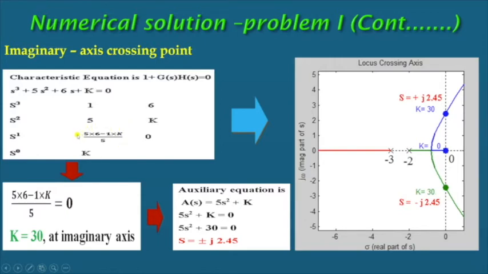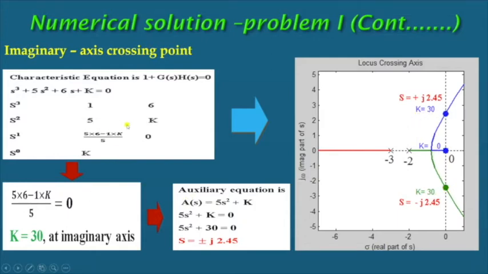We know that when all values of any row are 0, then poles are present at the imaginary axis. If we consider this equal to 0, then all values of this row are 0. Then find K, so K equal to 30. That means at the imaginary axis, the value of K is 30.